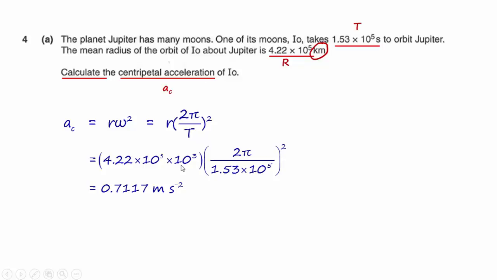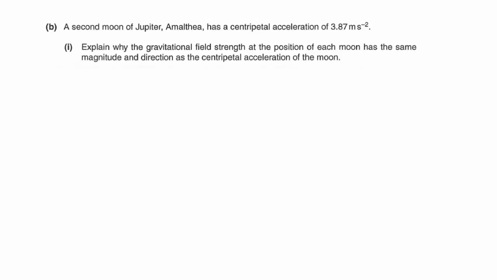Just remember to convert that 4.22 times 10 to the power 5 kilometers to meters by multiplying by 10 to the power 3, and working this on a calculator, you should get 0.7117 meter per second squared. That should be the answer. We are going to leave the answer in a few more significant figures, just in case we need this value for calculation later. Now let us move on to Part B.